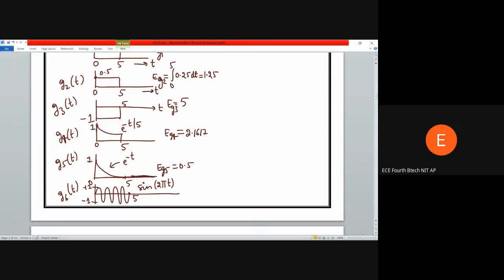And EG6 will be the integral from 0 to 5 of sine square of 2 pi t dt. You can calculate this.